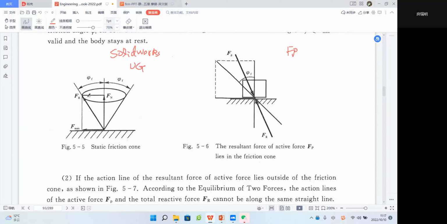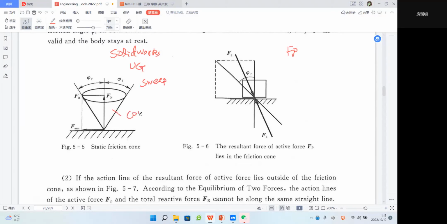Actually, we can just use this triangle and let it rotate around this vertical line. We call that sweeping. So we can get this cone. We call that friction cone.